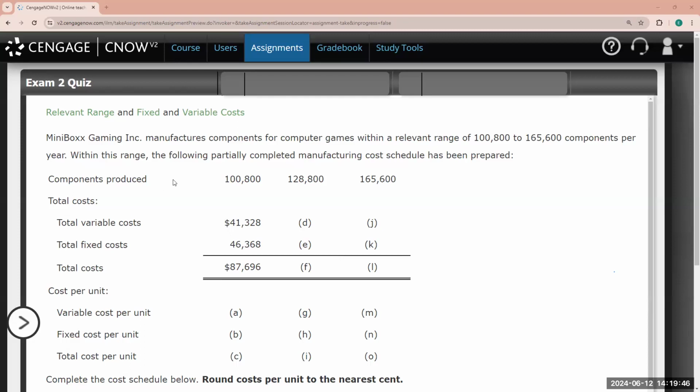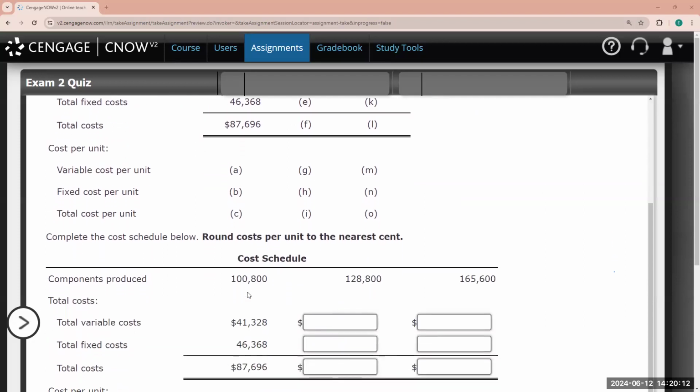So we have this range of 100,800, 128,800, and 165,600. Based on this range of how many components we produce, we want to determine our total variable cost, our total fixed cost, and the cost per unit. What is our variable cost per unit, fixed cost per unit, and our total cost per unit?